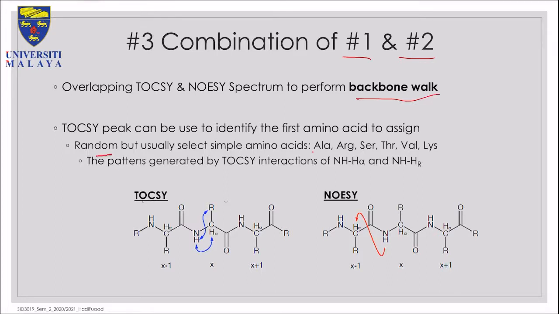So what you are interested in is finding any one of these as a starter. Say, for example, you have a very long sequence of amino acids, just an example: serine, serine, glycine, lysine.